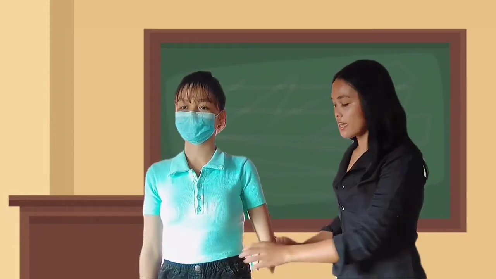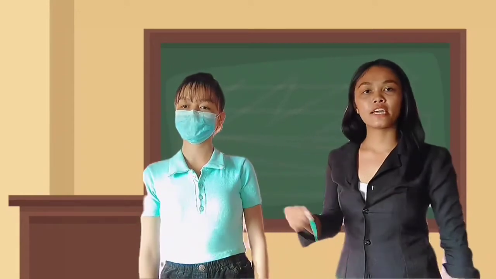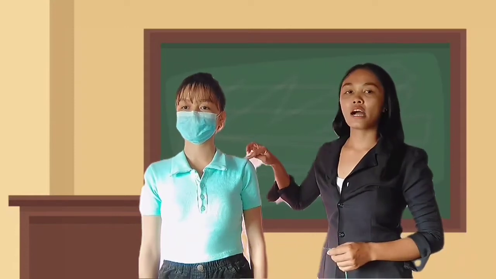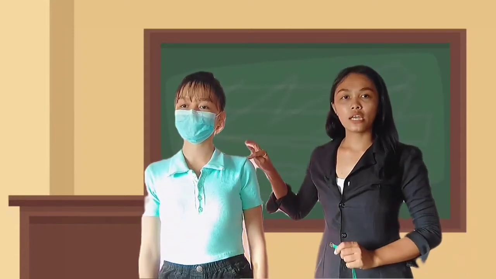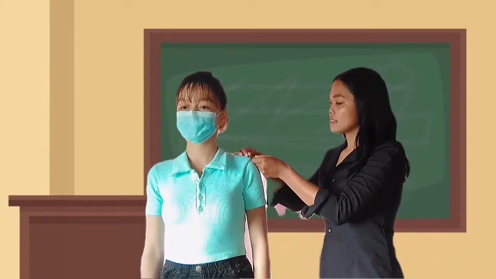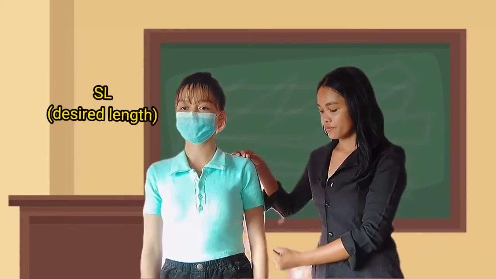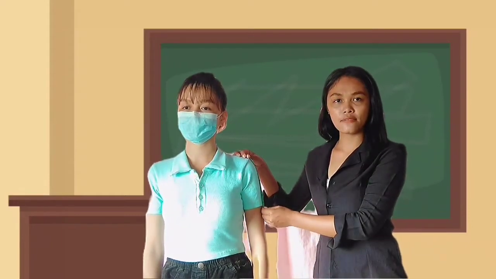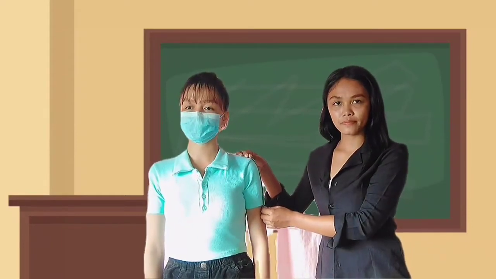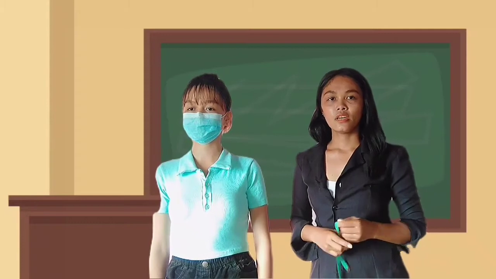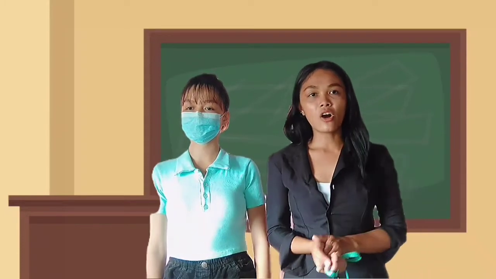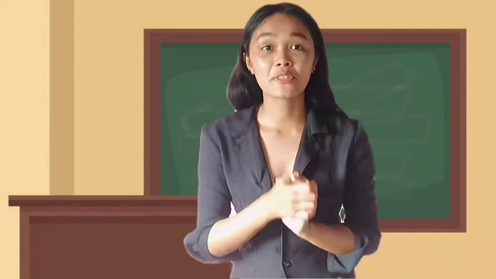The next one is the sleeve length, which is taken from your right or left shoulder tip point to the desired length. That is the sleeve length. So that will be all. That's how you take the body measurements.